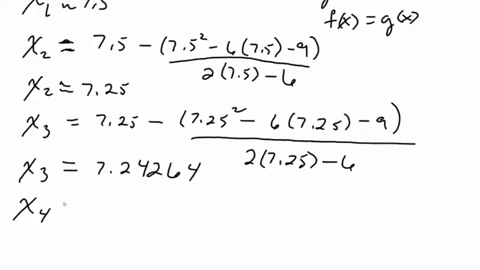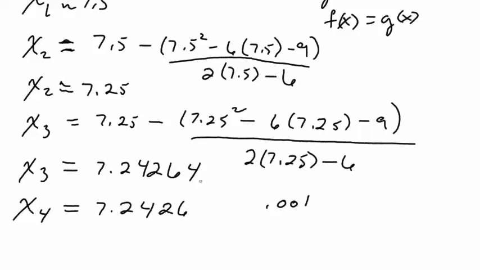I'm going to go ahead and let you get the x of 4 there. See if you can figure that out. I got 7.2426. Okay, this looks like two successive ones. It's definitely going to be differing by less than 0.001.